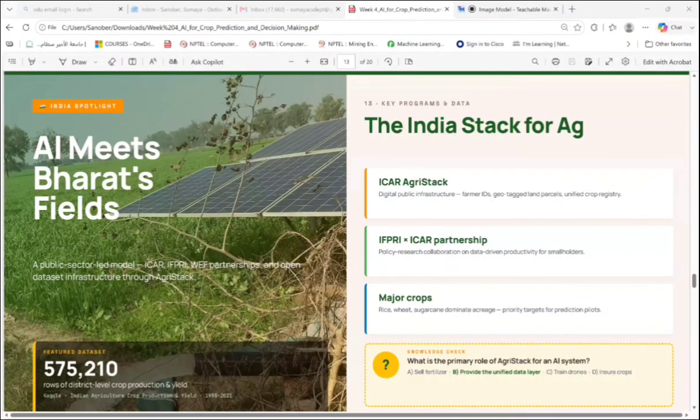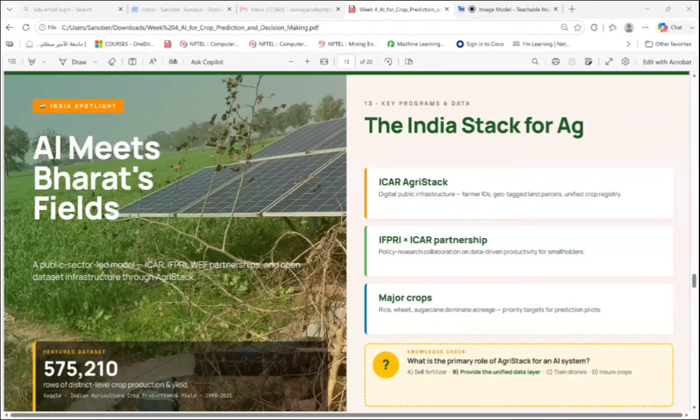Systems such as the agricultural stack aim to create a shared data foundation involving farm identities, land information, crop records, and agricultural services. So all these databases, like a database for the Indian agricultural system, you can find in the agricultural stack. For an AI system, this is a shared data layer, which is important because the model needs consistent and organized information.